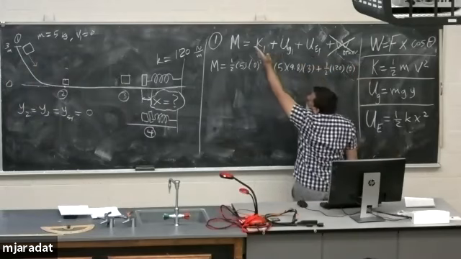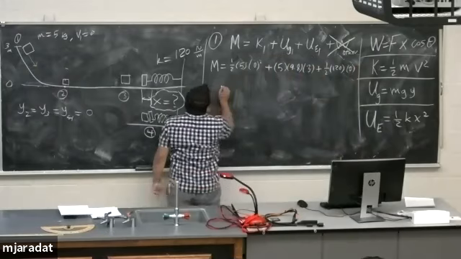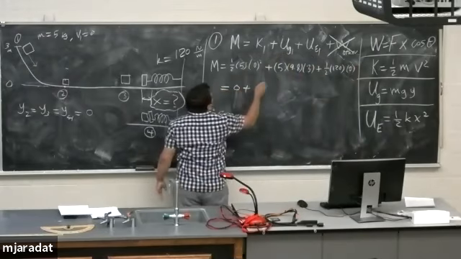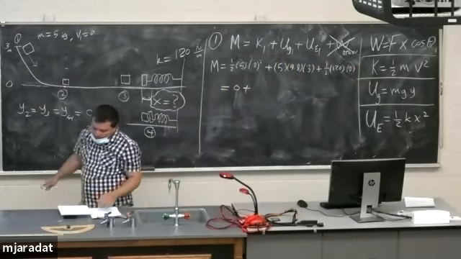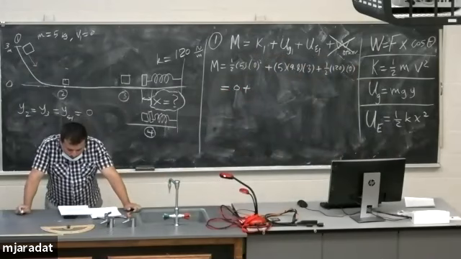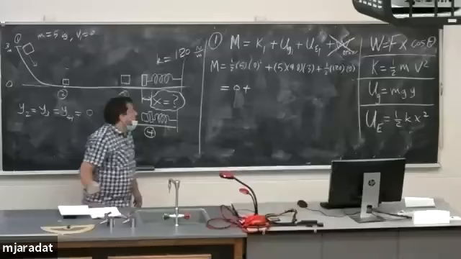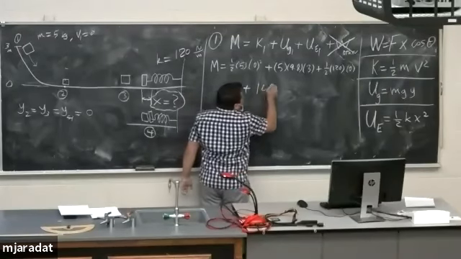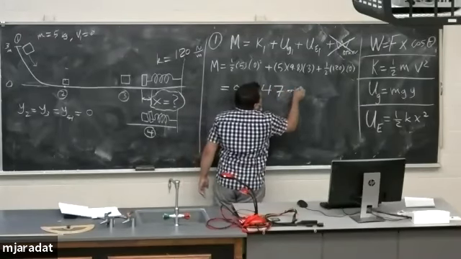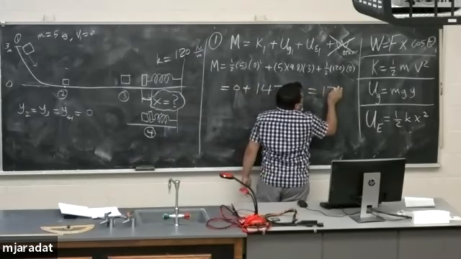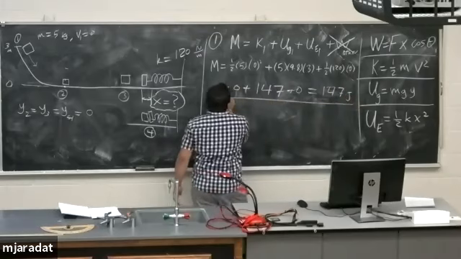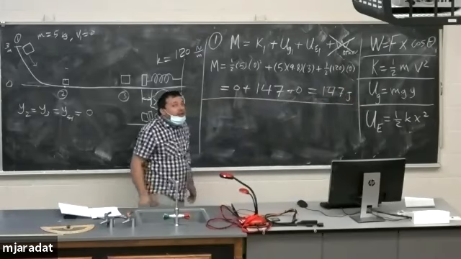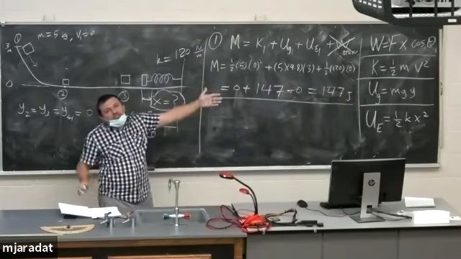The kinetic energy is zero. The mechanical energy will be equal to zero plus this thing, which is equal to 147, which is a good number, plus zero. So the mechanical energy now is 147.